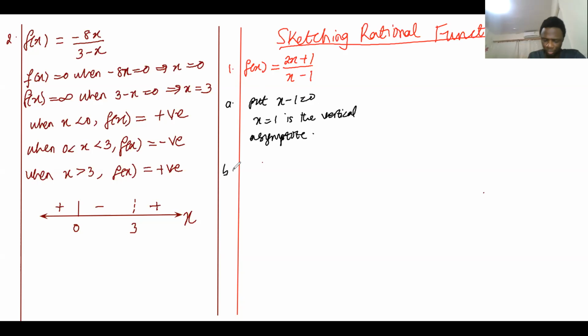And B says find the axis intercepts. Axis intercept means both x-intercept and y-intercept, right? So at x equal to 0, which gives us our y-intercept, f of x equals 1 over minus 1, which is equal to negative 1. So basically (0, -1) is the y-intercept.